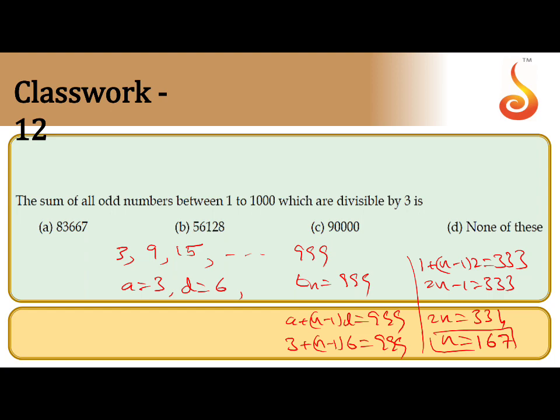So A is there, D is there, and n is 167. Okay, I will solve on the next page. Here A is 3 and D is 6. N is 167, and the last term 999 we also know. So you can take Sn as n by 2 into (A plus L).